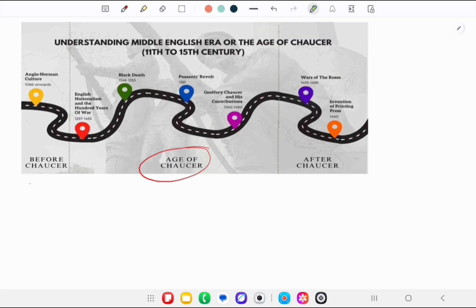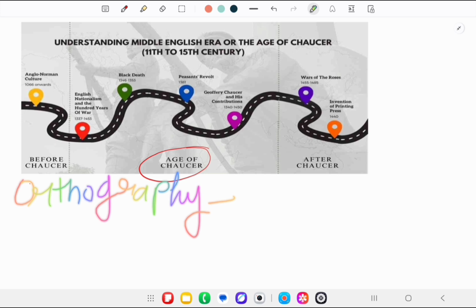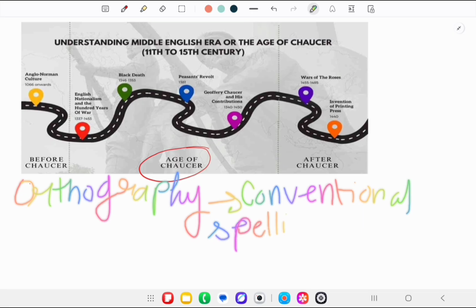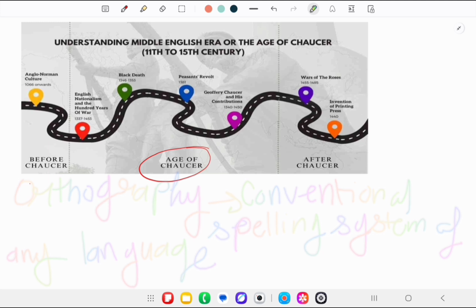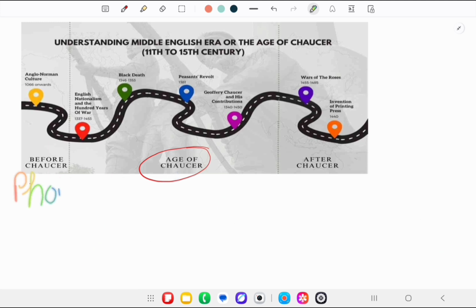And the third one is orthography, which means the conventional spelling system of any language, as well as phonology, which means the way of pronouncing words of English.